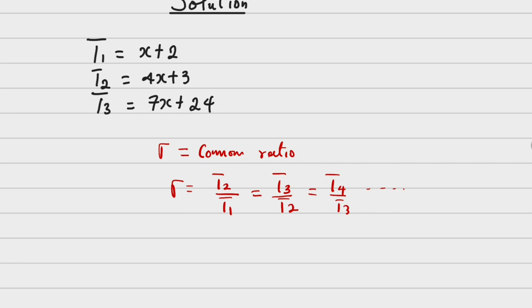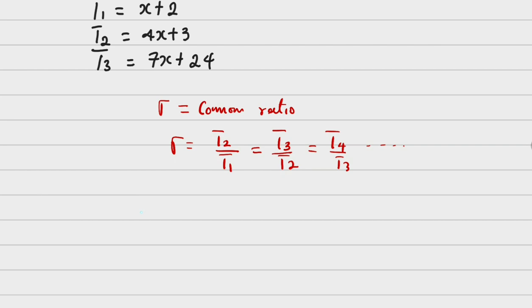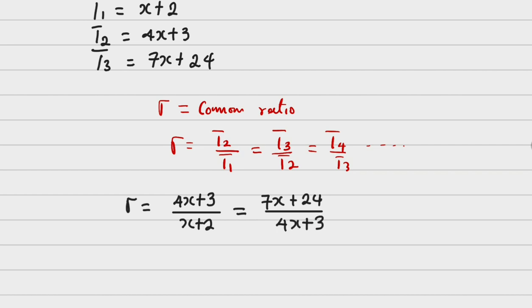Because of this knowledge about consecutive terms, I can safely say that my R in this case is going to be 4x plus 3 all over x plus 2, which is the same thing as 7x plus 24 all over 4x plus 3.